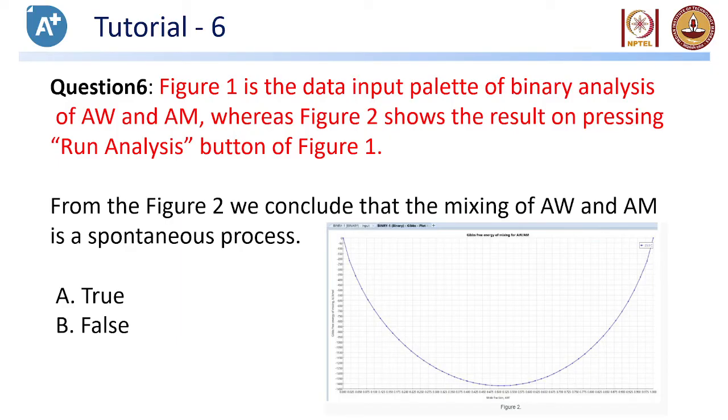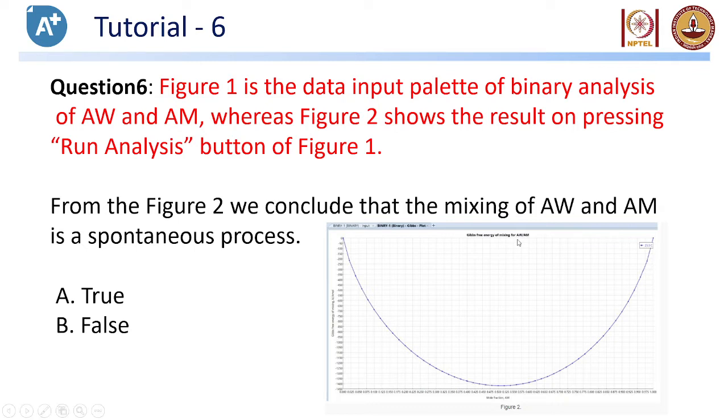Essentially, in nature, mixing or separation, whatever happens, is based on Gibbs energy minimization. If the Gibbs energy of the individual components is higher than that of mixing, they prefer existing in a mixed form.